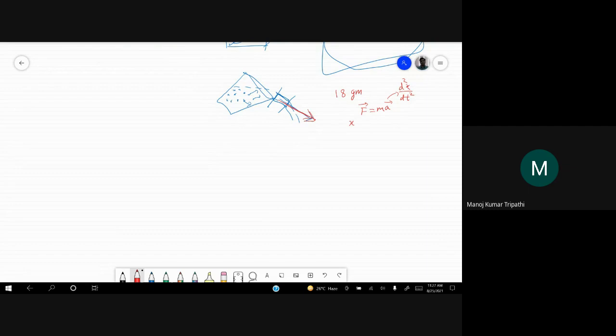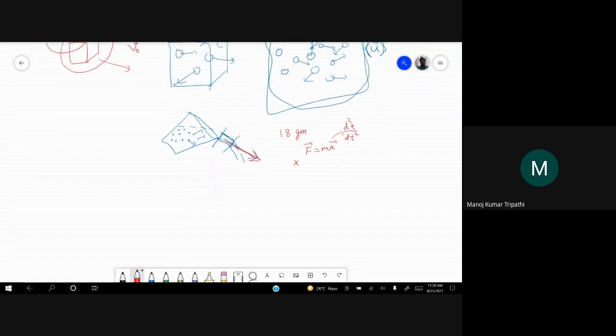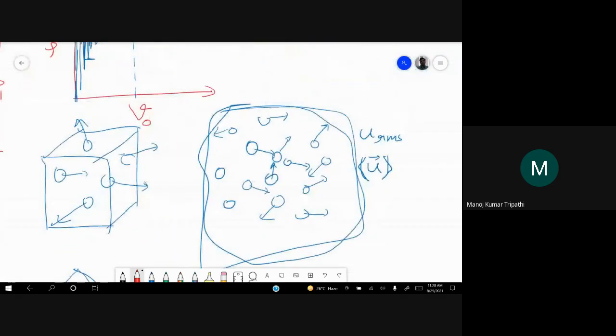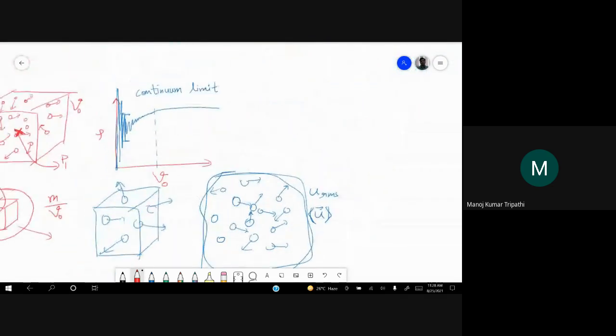So people do this in molecular dynamics simulations on computers, and they do it for a small number of molecules, not such a large number. So in this course, what we'll talk about is the continuum limit, when the number of molecules is large enough that we cannot solve using molecular dynamics.